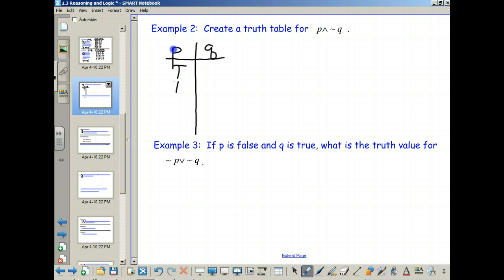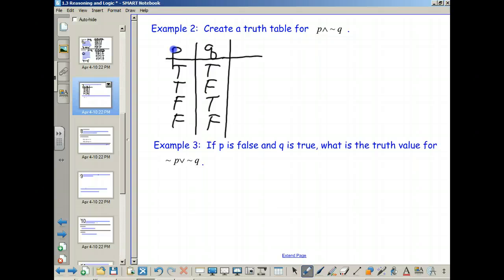You'll do 2 T's, and then 2 F's, and then you're going to do T, F, T, and F. And even if you can't do anything else in a truth table, you're going to have that part of the pattern, because it's always the same. Okay? That's always good, isn't it? It's like when you were in geometry and somebody said to you, you can always start a proof. The very first part of the proof is you write down the given information, right? This is the given information for this argument.